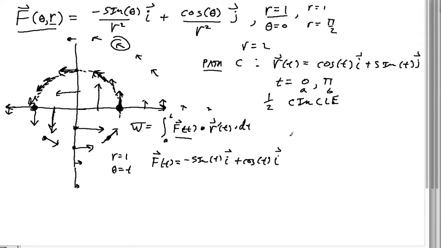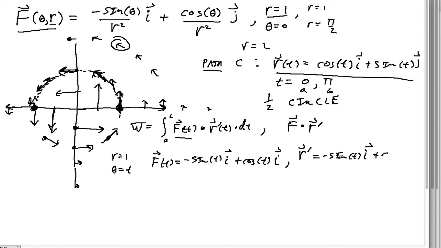Okay, so what then is f dot r prime? Well, we just need to calculate r prime now. Here's r up here. That's going to become negative sine t i plus cosine t, the j vector.